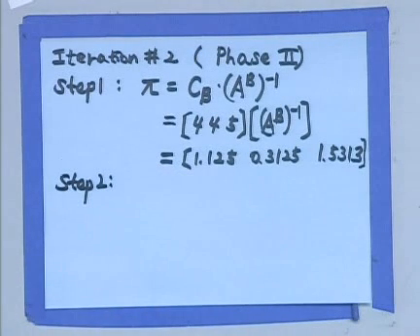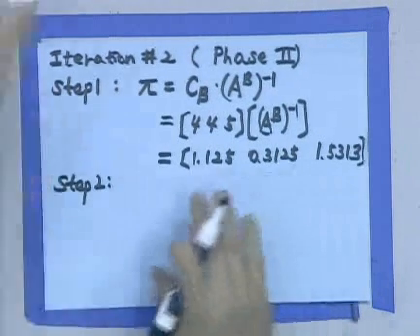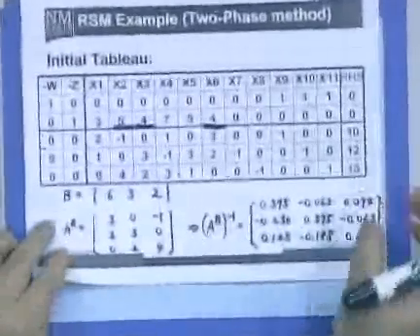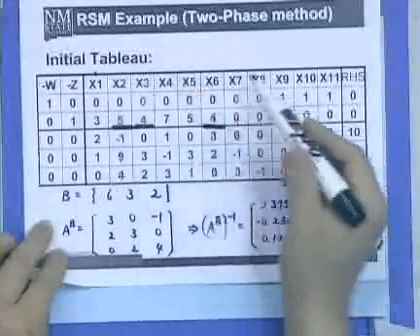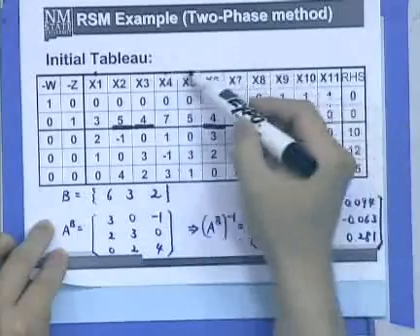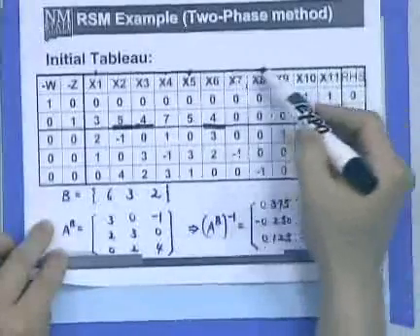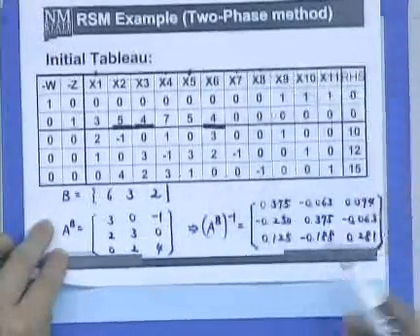Compute the reduced cost of all the non-basic variables. Currently, the non-basic variables are x1, x4, x5, x7, and x8, right?